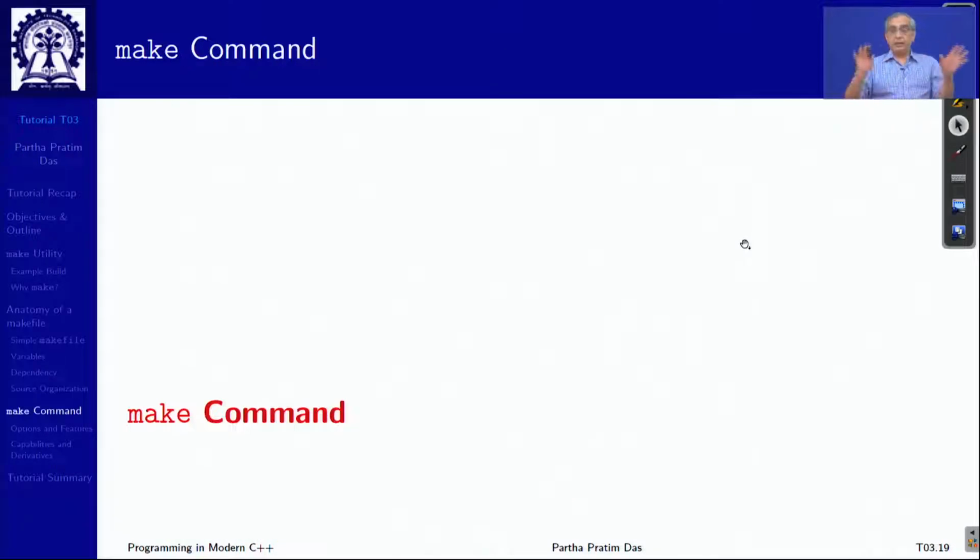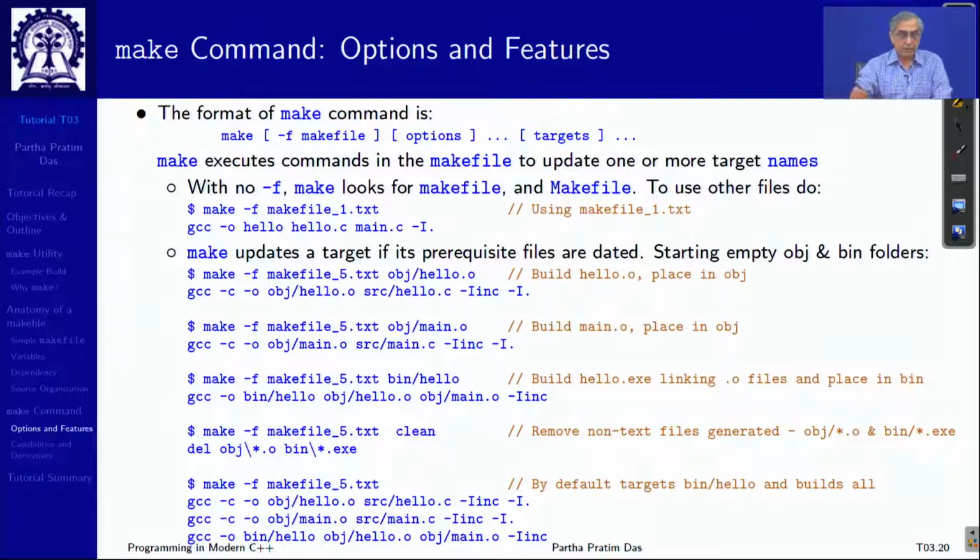So, this is what the whole structure is. The make command is now simple, it has make, then optionally you can specify the file name with -f. You can give different options, for example, you can ask it to be verbose, you can ask it to actually print whatever it is doing, and then you put the target that you want to build.